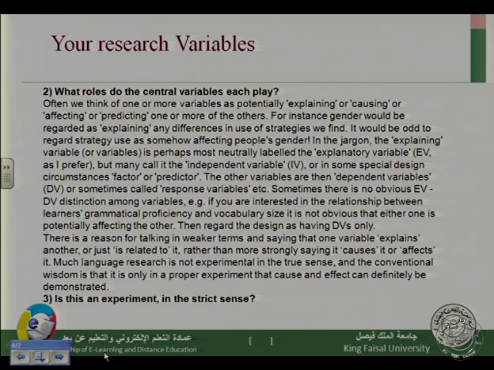Whenever you meet them while reading an article or a piece of research, you know what they are talking about. So you don't say, well, Dr. Abdullah did not introduce these names to us. The other variables are then dependent variables. You can read the rest of these, because I don't want to be repetitive, since I repeated this a lot.